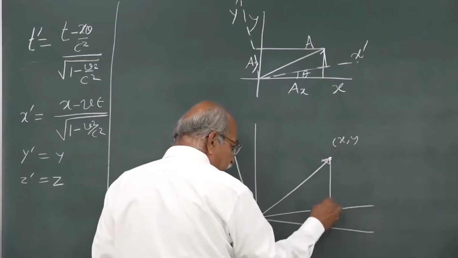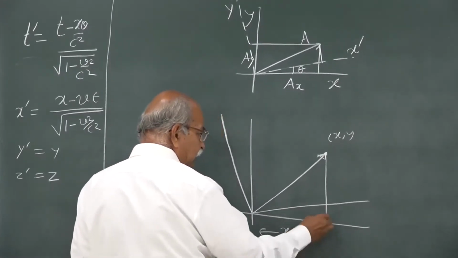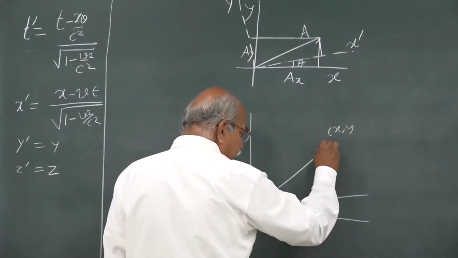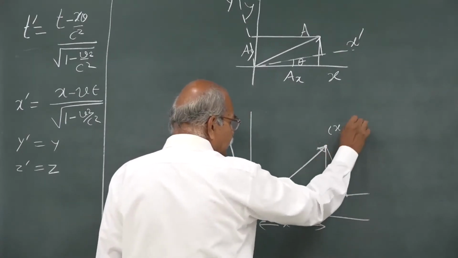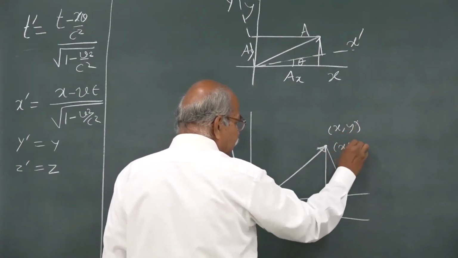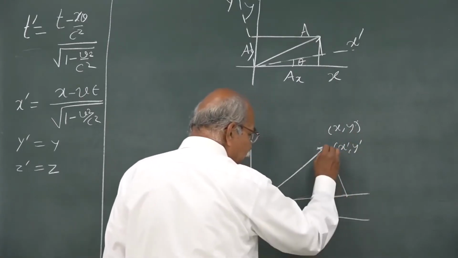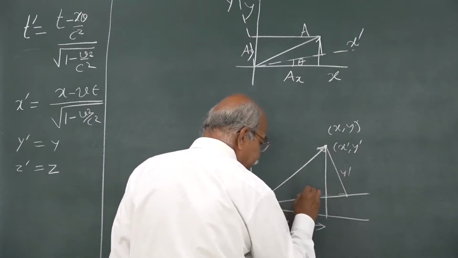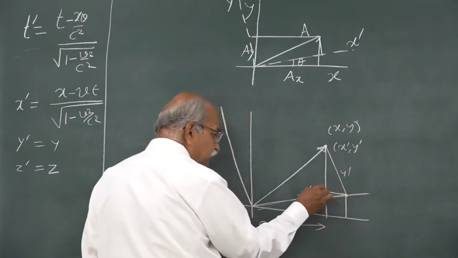If I drop a perpendicular here, this is x and this whole thing is y, and if I drop a perpendicular here, then the coordinates are x prime, y prime. So, this whole thing is x prime and this whole thing is y prime. You can drop a perpendicular from here, you can drop a perpendicular from here.